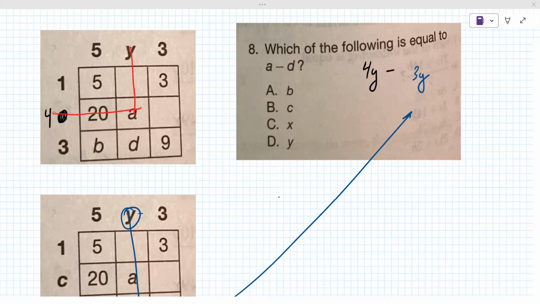Yep. Got them. Let's take a look here at number 9. Just comparing these, I think this is okay.